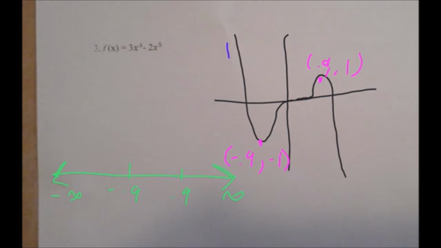We go left to right, so here we're going down, right? So that's decreasing from negative 0.9 to 0.9. We're going up. So when you go up, you increase. And then from 0.9 over to infinity, we are decreasing again.